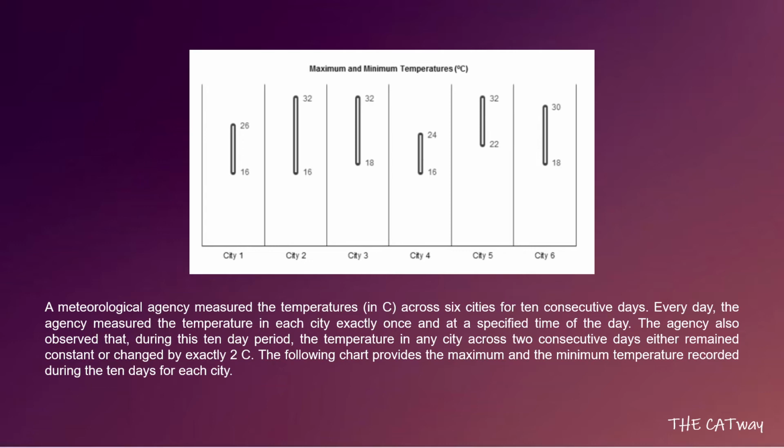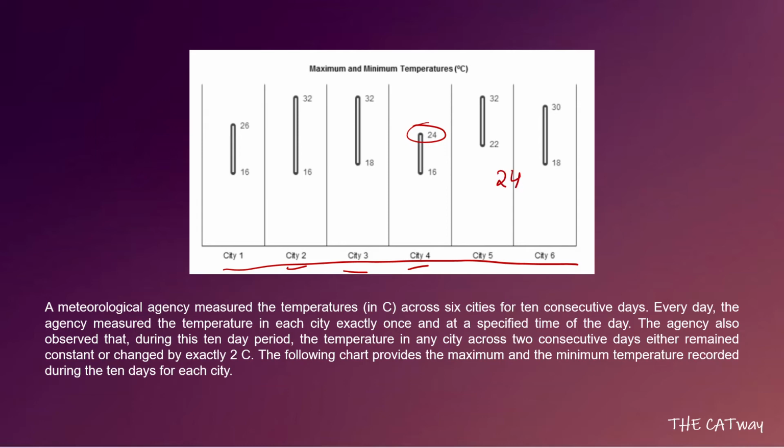If we talk about 26, city 2 can have 26, city 3 can have 26, but city 4 cannot have 26. So 26 is not a possible case. Next come to 24. All the cities, if you check, can have 24 degrees Celsius as the temperature. So one temperature where all cities can have equal is 24.